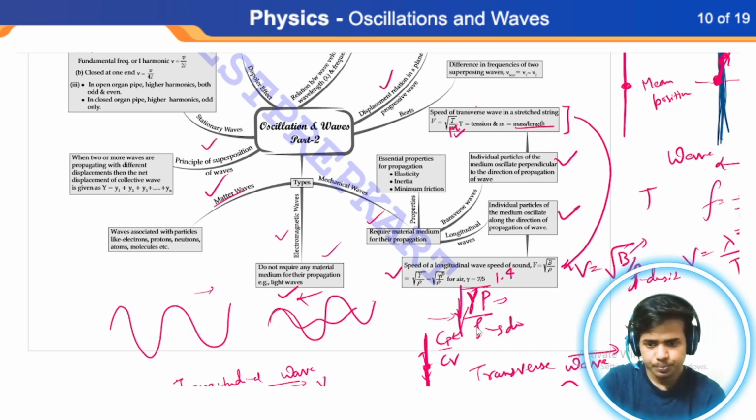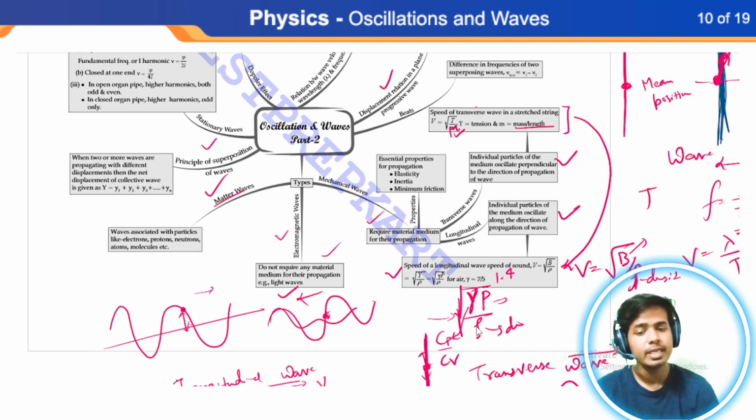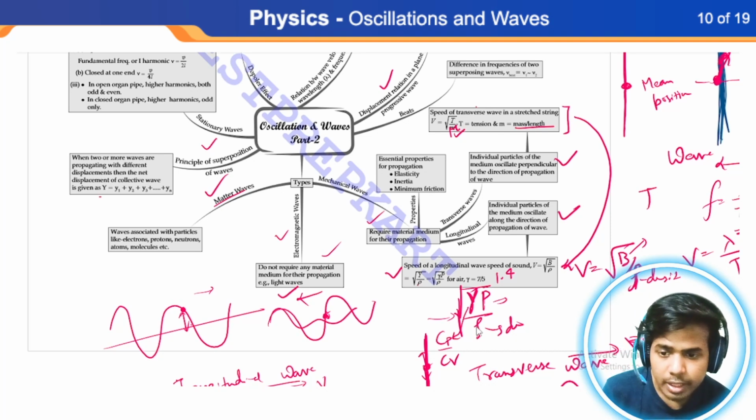If you consider this point and the corresponding point when it comes here, maybe this point, let's say this is the mean position, this is the amplitude, and this is the other amplitude. The amplitudes get added up as they are. It is just the superimposition, the two waves getting added up. So the individual amplitudes will simply be added up.